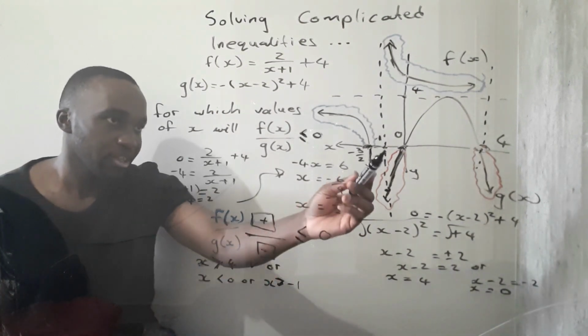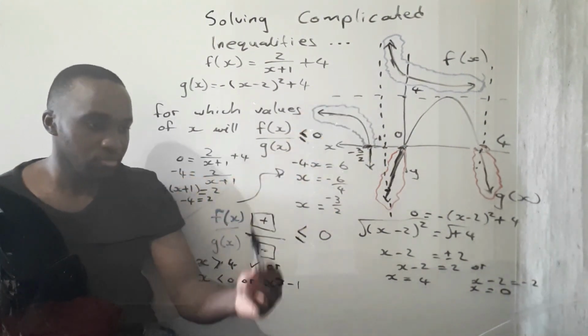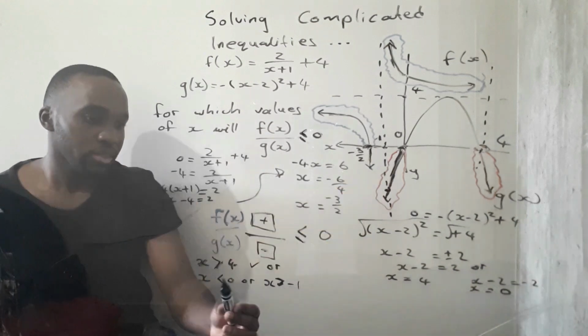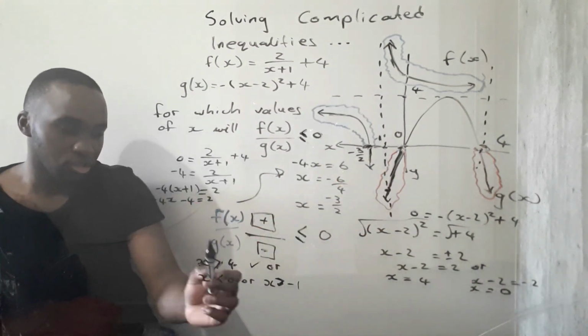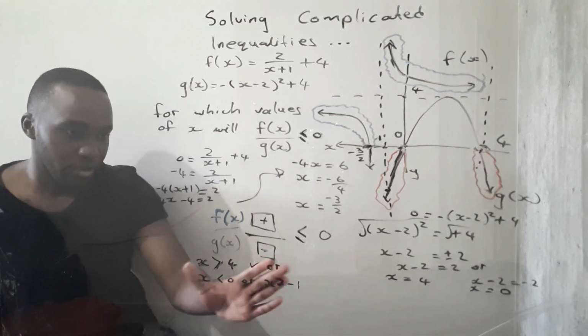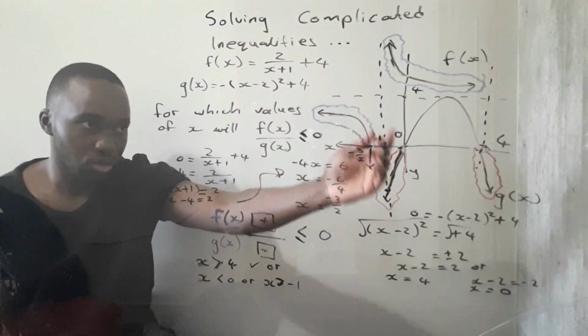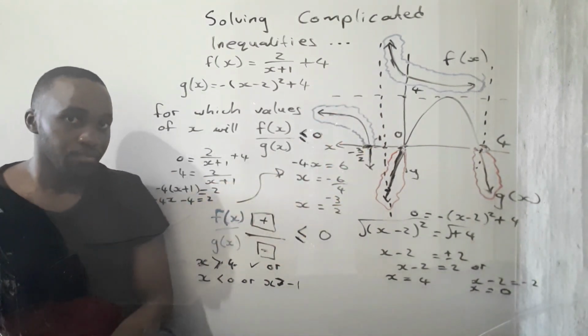Firstly, at negative 1, that's an asymptote, so that's out of the picture. Secondly, at 0, the graph of G is equal to 0. If the bottom here is equal to 0, that would be an invalid answer. So that's why we do not include the 0 and we do not include the negative 1 there.